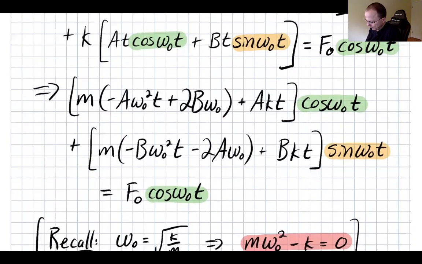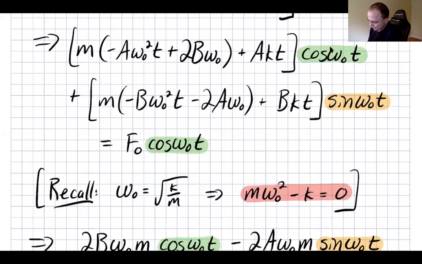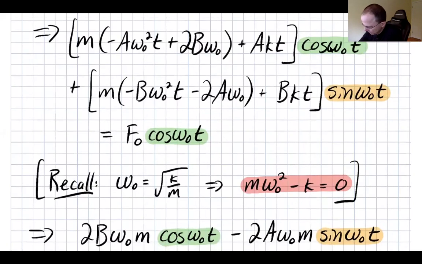This is the key idea: since omega naught is equal to this, this is actually equal to 0. Now, does that term appear up here? We have m omega naught squared, and so it's minus m a omega naught squared, and then we have plus a k t. Oh, and there's a t there.